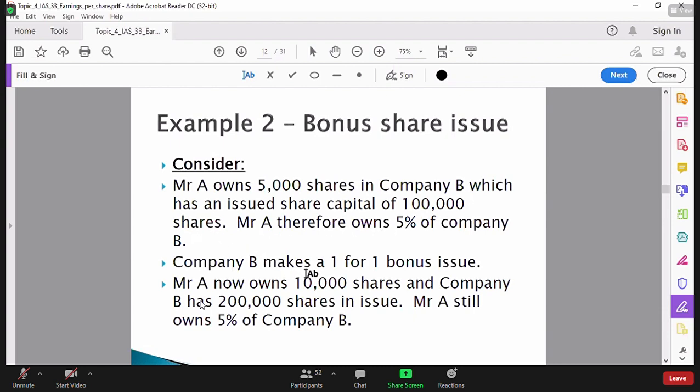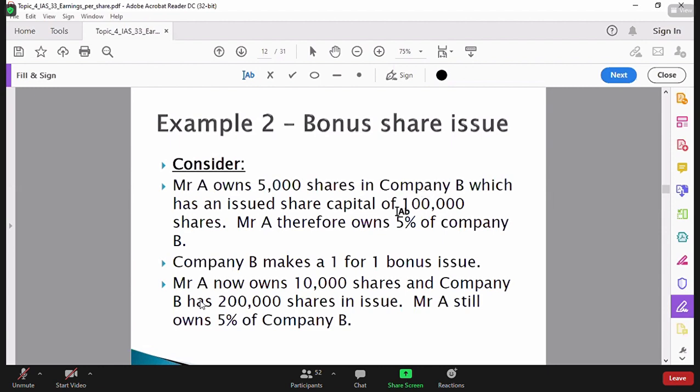Then company B makes a 1-for-1 bonus issue, meaning if you hold 5,000 shares, you get another 5,000. So 5,000 plus 5,000, that's why now Mr. A has 10,000 shares. There is an increase in the number of shares, but the percentage you hold in the company is still the same 5%. How do we get 5%?